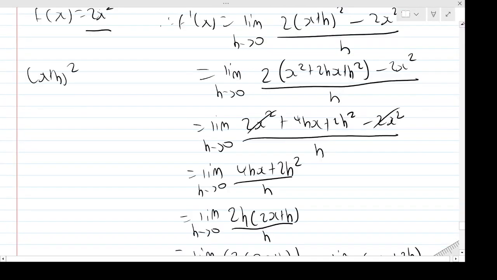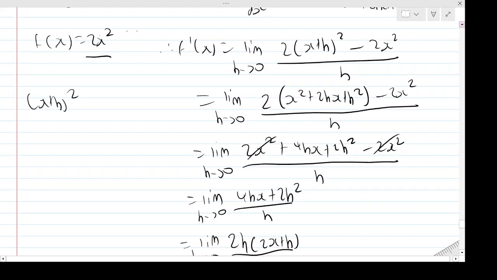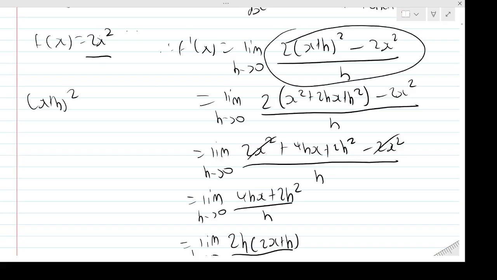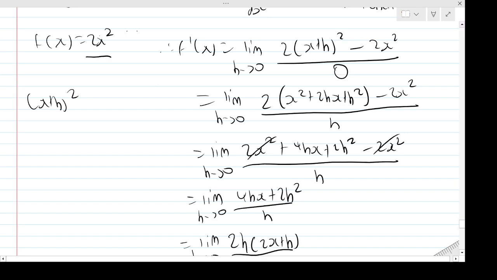But you might be thinking, what if I just substitute h is 0 right away? What if I plug h into this whole fraction at the start? Then you're dividing by 0, so that won't tell you anything about the gradient. It's undefined if you substitute it early on.